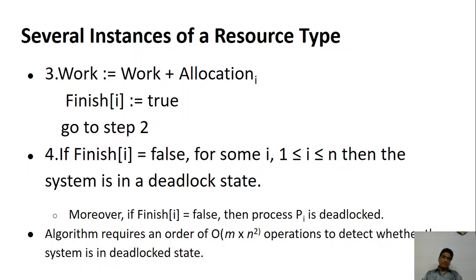This algorithm, I don't know whether you have studied about the order of operations. It requires m into n square operations, because you don't study those things in your BSc. But just somebody asked, so you just mention that its complexity is m into n square.